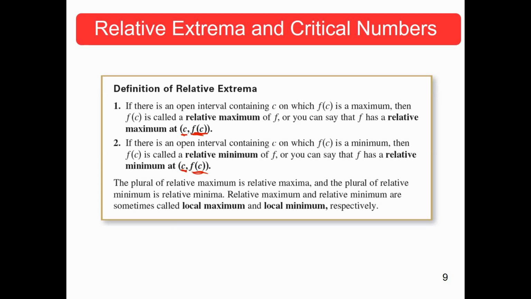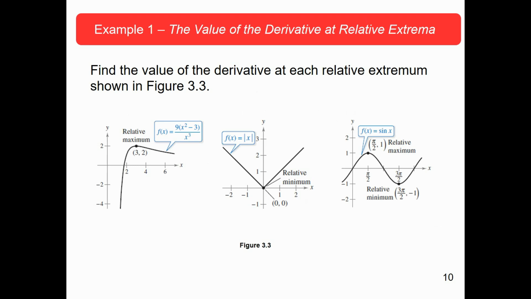So let's look at a couple of things. We want to look here and say, what is the value of the derivative of each of these functions? Well, here's the relative maximum. This is at a curve, right? So we know that it has a horizontal tangency.